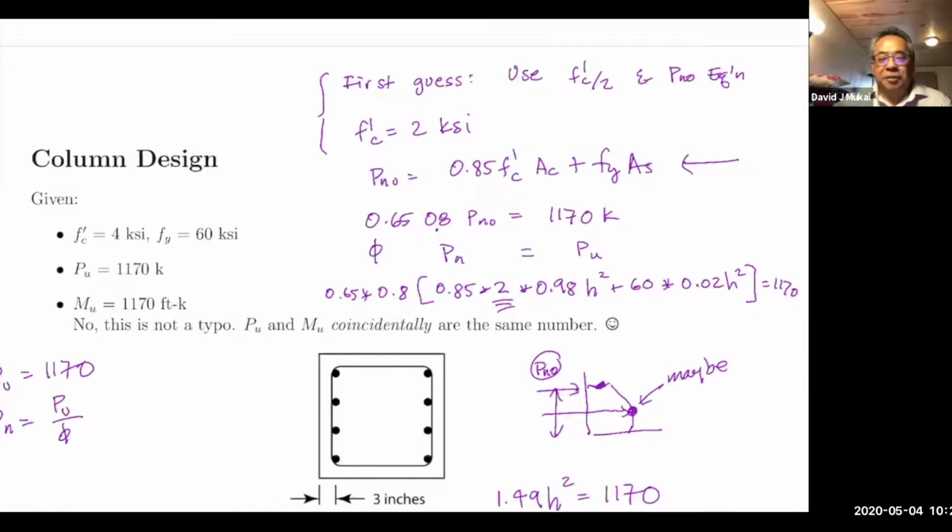Trying to make my U's and N's very different. For a circular column, phi is 0.75 with the spirals. For a square column with ties, it's 0.65.